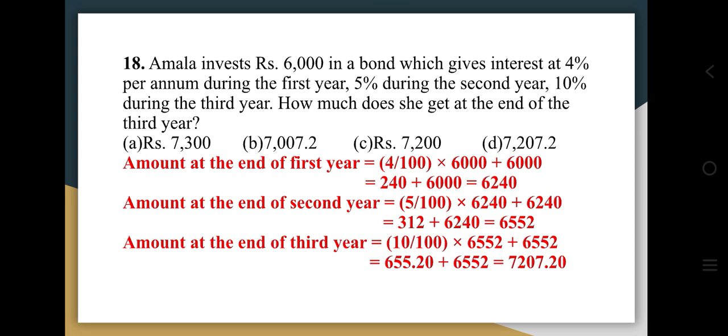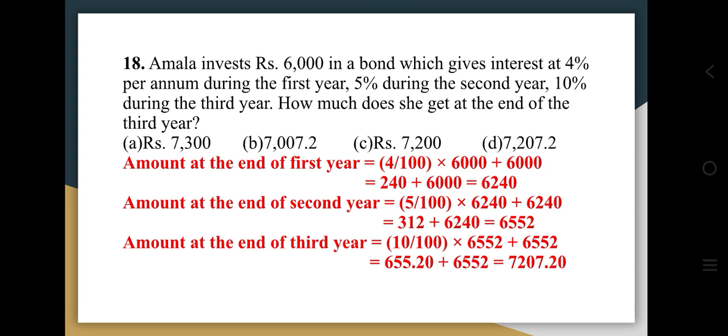Now for 6,240, we have to find the interest at 5% for the second year. So the amount in the beginning of second year is 6,240. The interest rate is 5%.